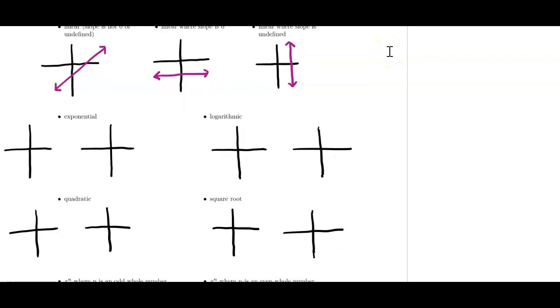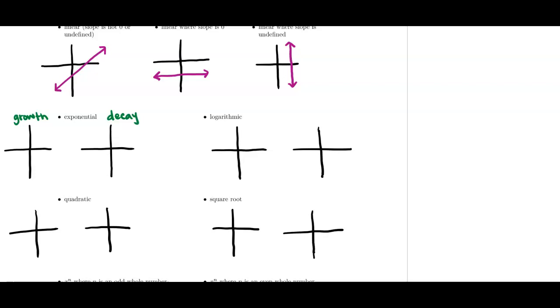Now with exponential functions, remember that we have exponential growth, and we also have exponential decay. Even though these have a similar look, I just want to reiterate what these look like.